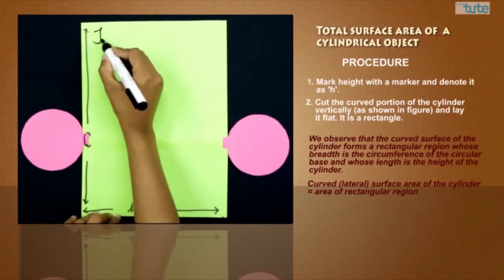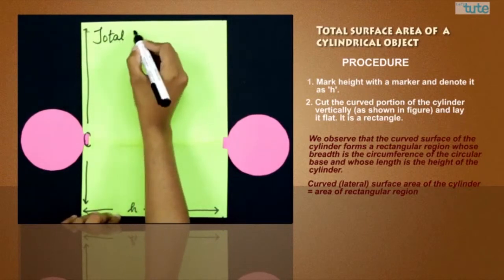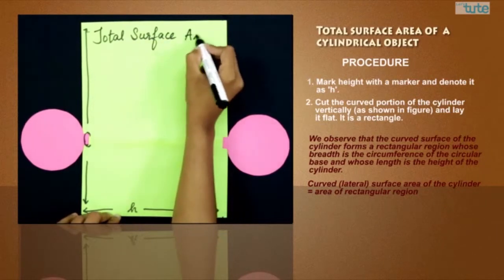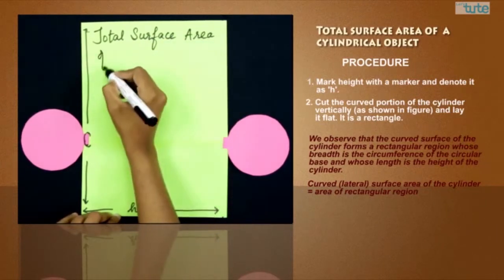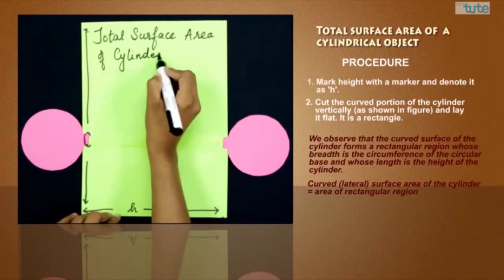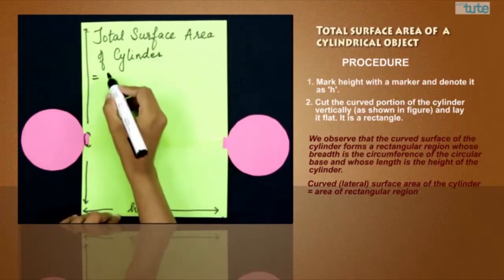So when I say we will be calculating the total surface area of the cylinder, this area would be given in two parts.